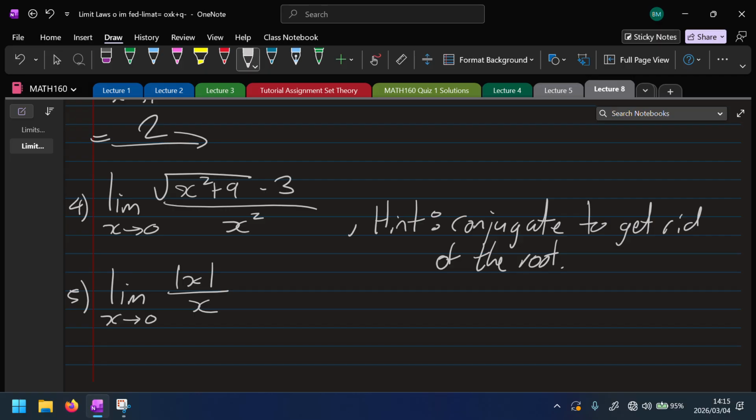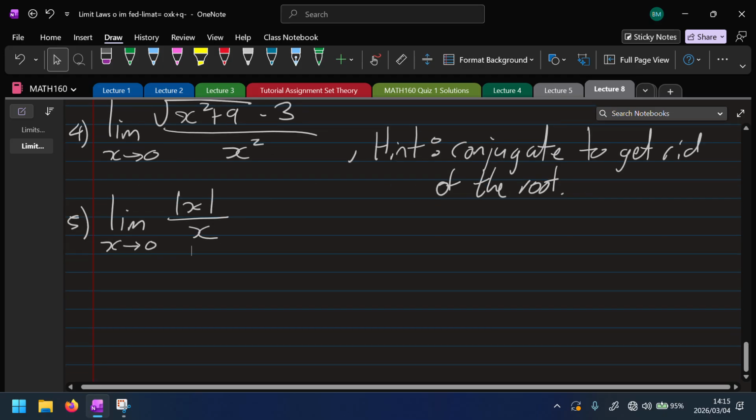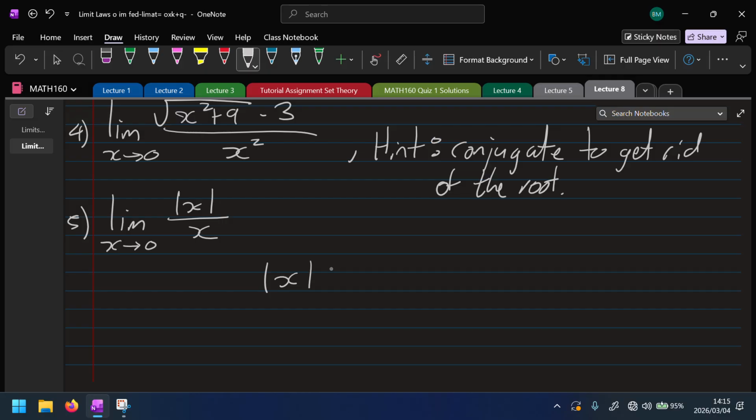Limit from the left, limit from the right, especially when we have piecewise functions. It's very important that you look at the limit from the left and the limit from the right. So the absolute value of x as a piecewise function, we can write as x if x is greater than or equal to 0. So if it's positive, we just leave it alone. If it's negative, we need to multiply by a minus.